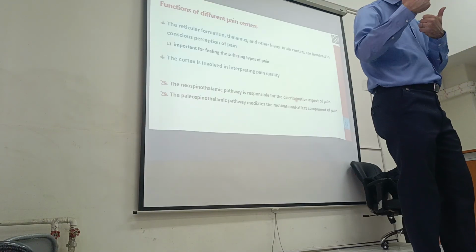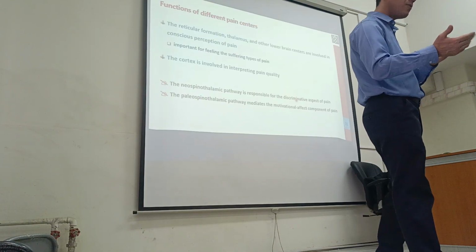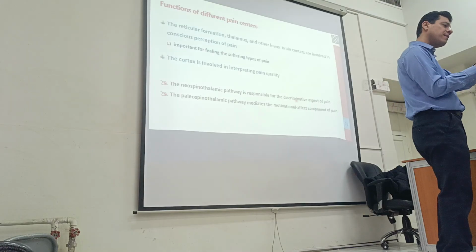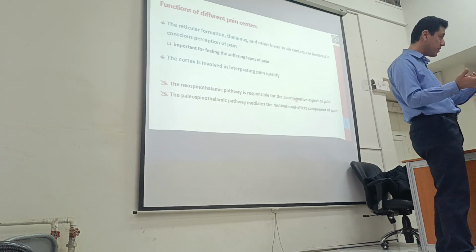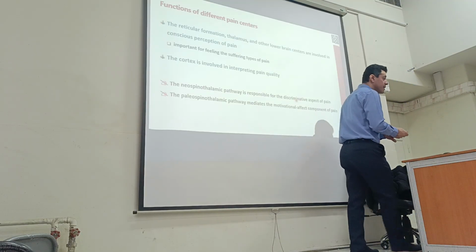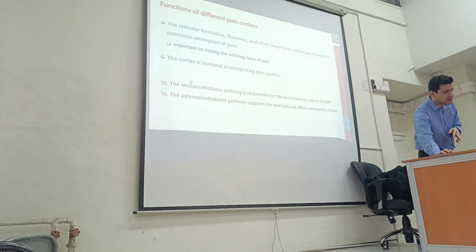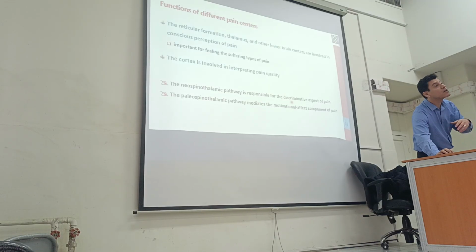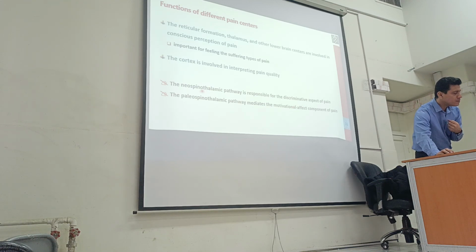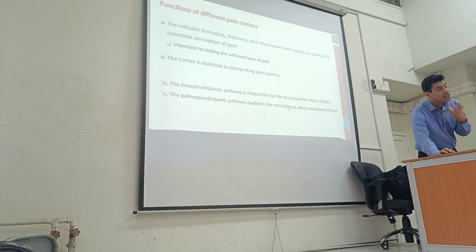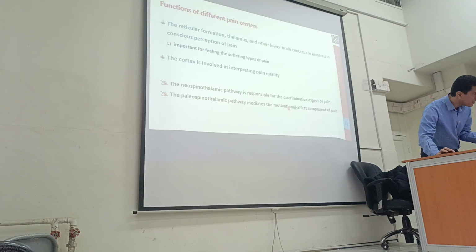So it has an emotional part also. So it has 2 parts, a sensation part and an emotional part. So we can say that neospinothalamic pathway is mainly responsible for discriminative or informative or sensory aspect of the pain, but paleospinothalamic pathway mainly mediates motivational or emotional aspect of the pain.